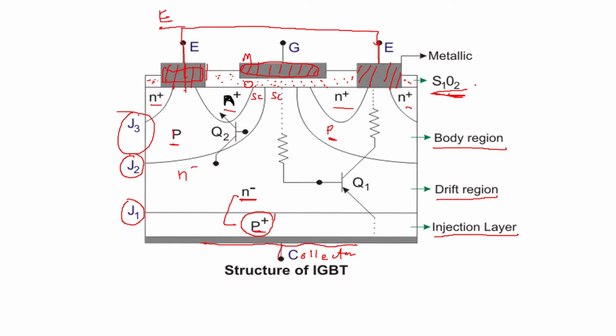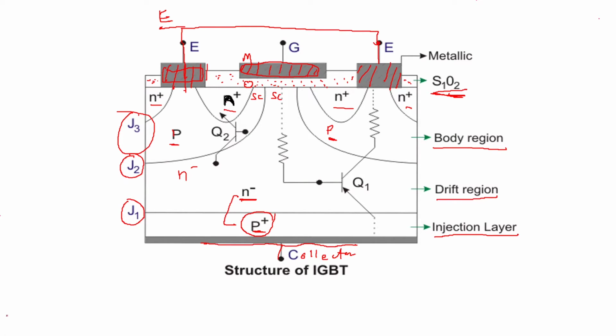Now, in this structure you can form two transistors, as shown, Q1 and Q2. One is your Q1 transistor, and the other is your Q2 transistor.